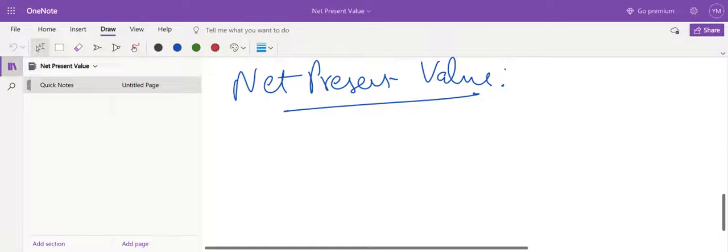We know this is the amount, but it is not the current amount. So we think about what current amount would have resulted in that particular future amount. That possible current amount is nothing but our net present value.